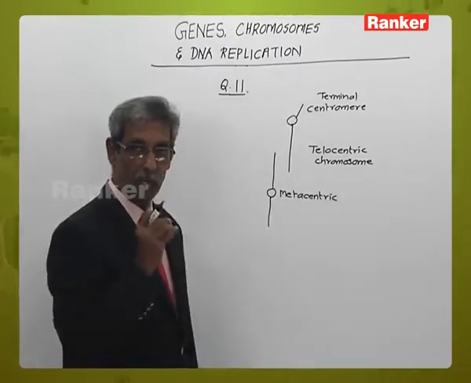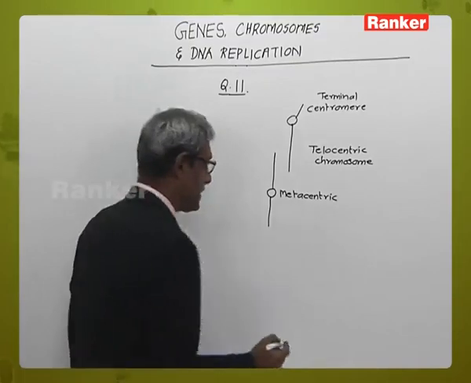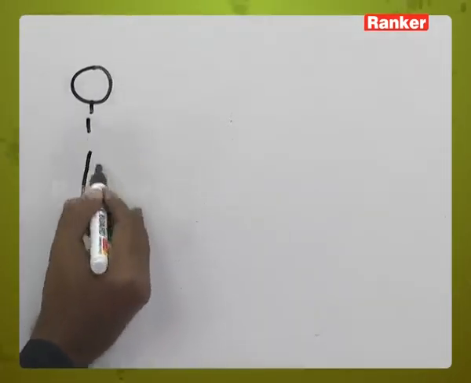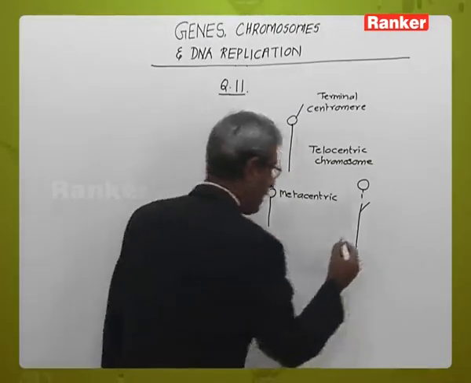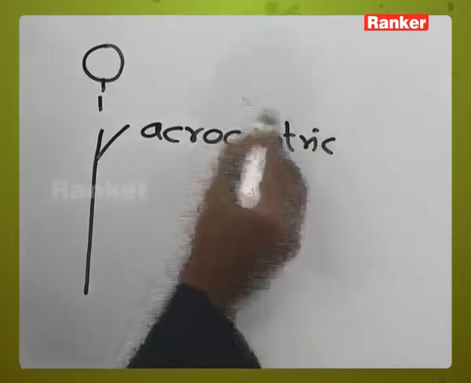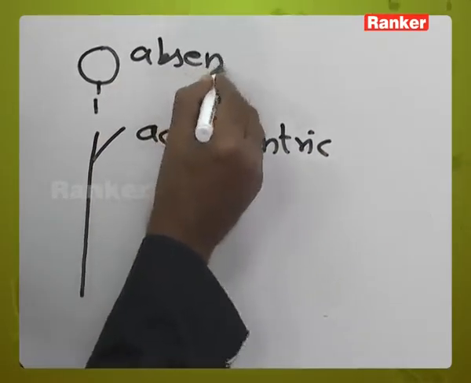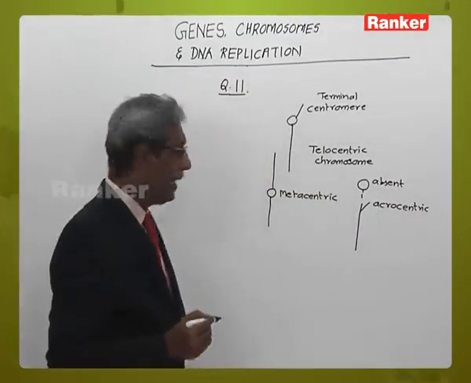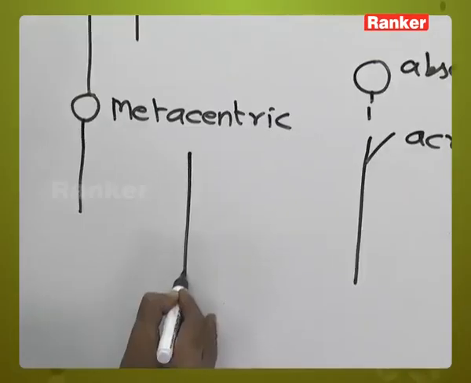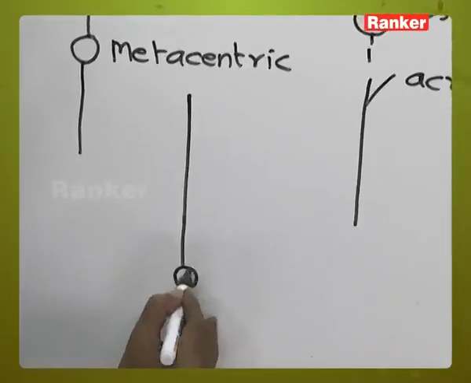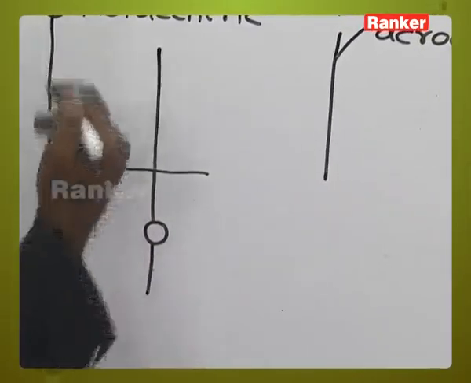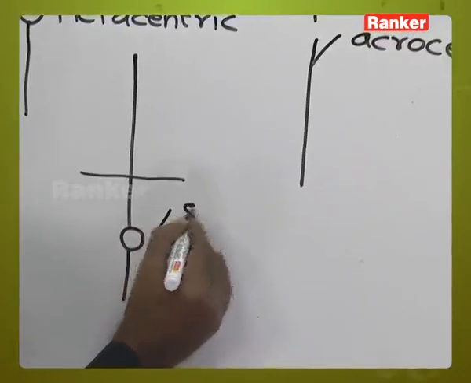Depending upon the position of the centromere, if it is near the end, it is termed acrocentric. And in case it is not in the middle but somewhere at the sides, with this being the equatorial plane, if it is at the side, it is sub, that is below, so it is termed submetacentric.